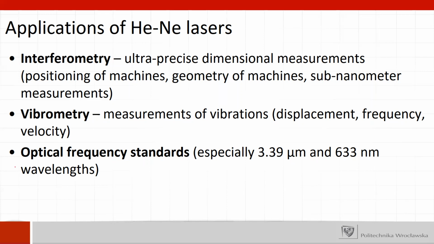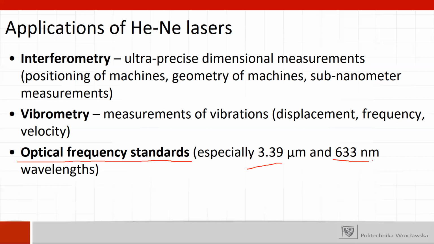We can also measure the frequency. Helium neon lasers are very often used as optical frequency standards, especially the lasers at 3.3 micrometers and 633 nanometers. In the national offices of standards, for example in the US, they have NIST, the National Institute of Standards and Technology.